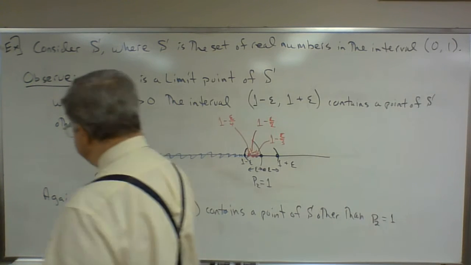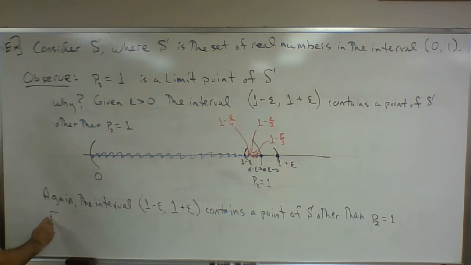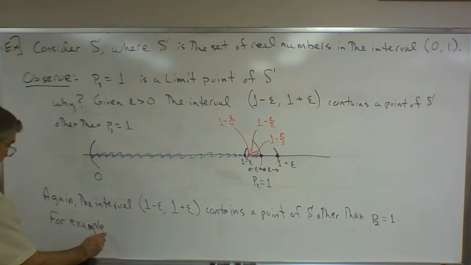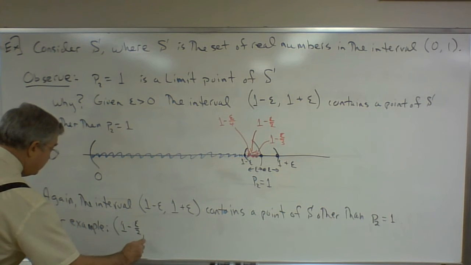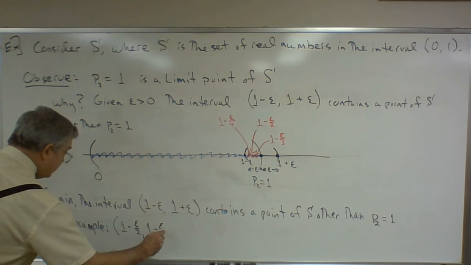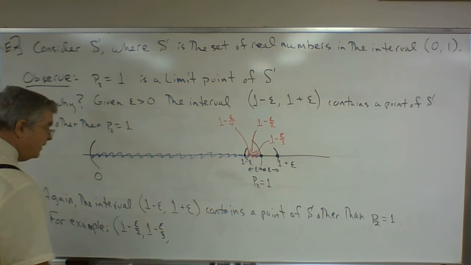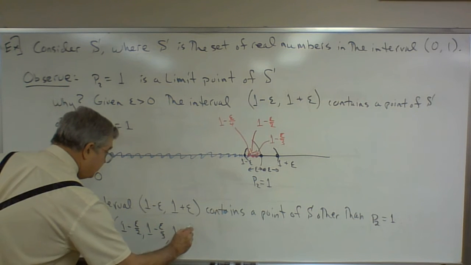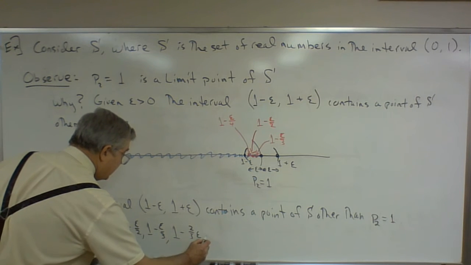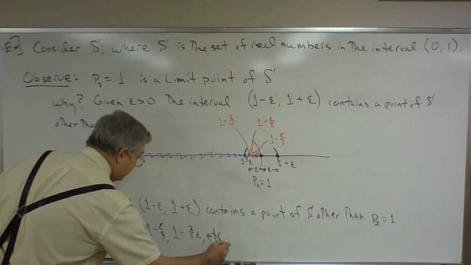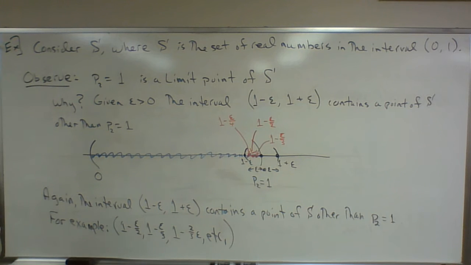For example, 1 minus epsilon over 2, 1 minus epsilon over 3, 1 minus 2/3 epsilon, etc.